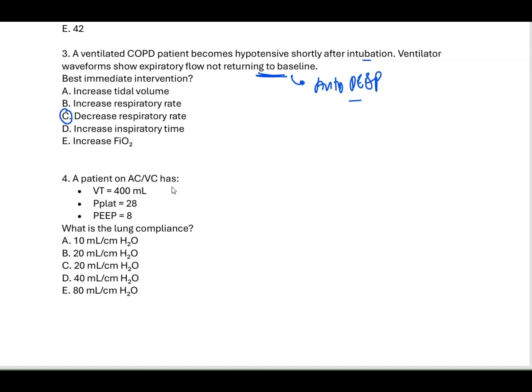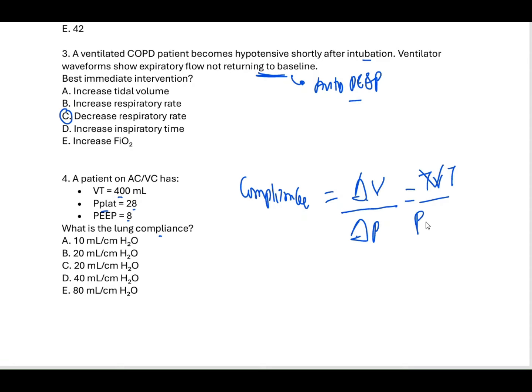A patient on AC/VC has a tidal volume of 400, a plateau of 28, and a PEEP of 8. What is the lung compliance? Remember, compliance is the change in volume divided by the change in pressure. What's our change in volume? That will be the tidal volume. And what's our change in pressure? That will be plateau minus PEEP.